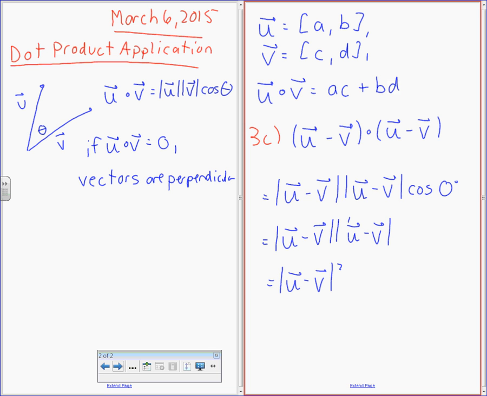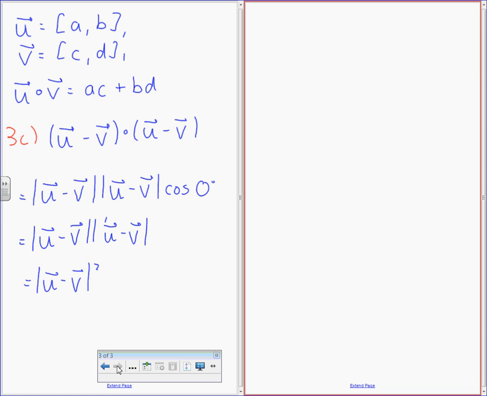Okay, let's keep going here. We're up to 14a. 14a says prove each of these vector properties. So a says if a and b are non-zero, a dot b equals 0 if and only if a is perpendicular to b.